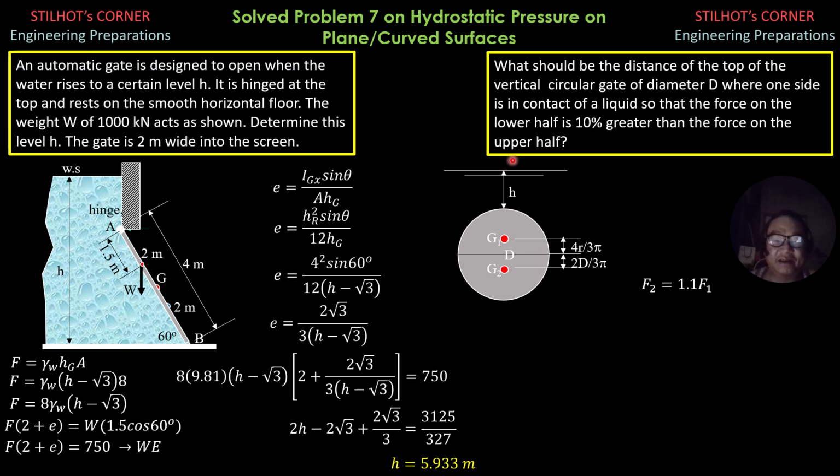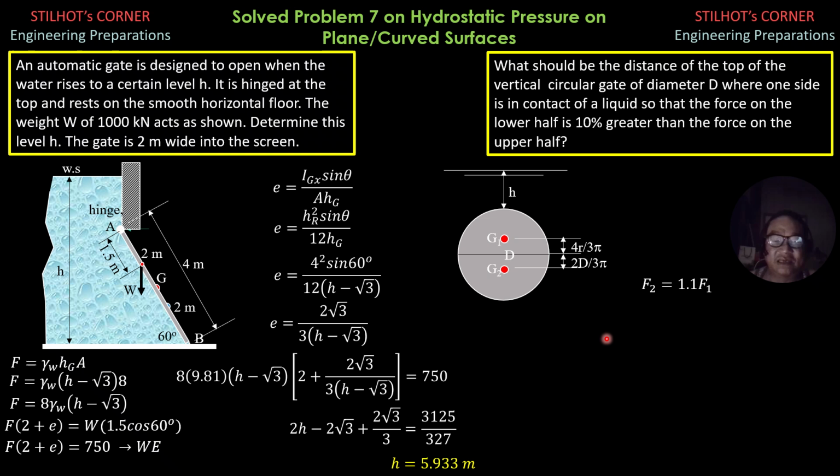Then this equals 1.1 of F1. F1 is gamma of any liquid times HG1, which is h plus 0.5d, then going up, minus 2d over 3 pi.